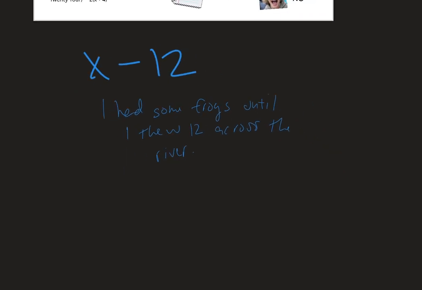How about to change this to I had, because I'd still like some frogs. I have some frogs. Oops, I can't erase. And I threw 12 across the river. That works, because I don't know how many frogs I've got, but I know that I have removed 12, okay?